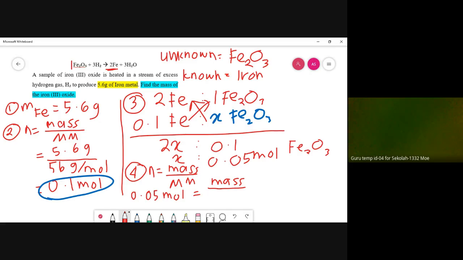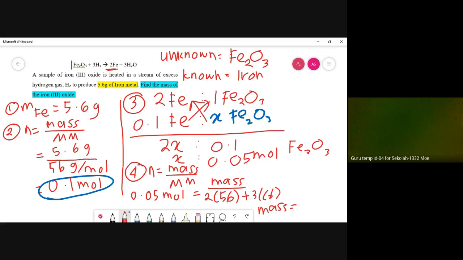So molar mass, what is the molar mass for Fe2O3? 2 times 56, plus 3 times 16. Okay, so you will get your mass.